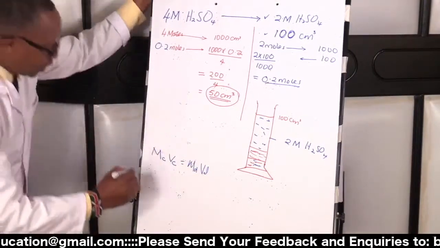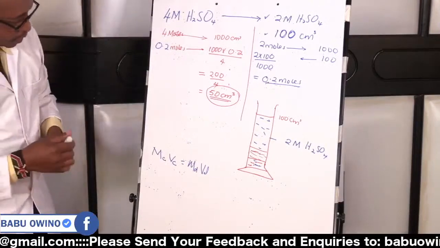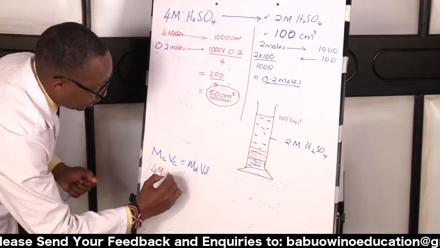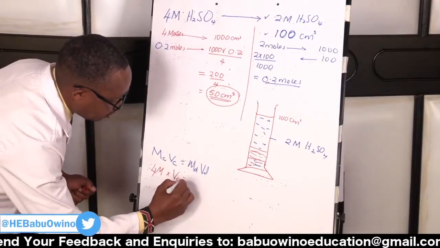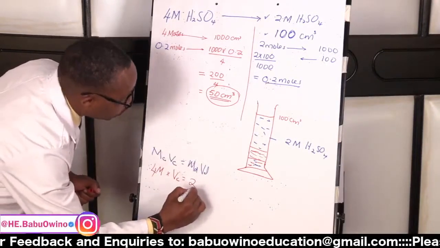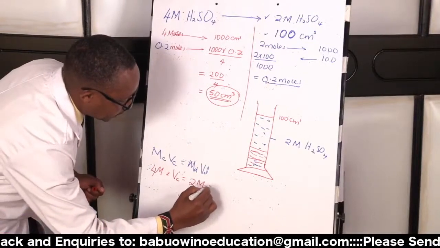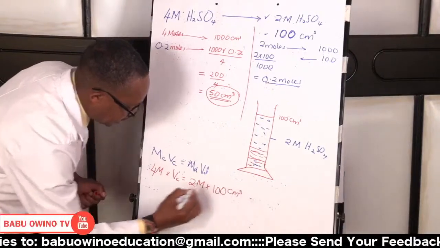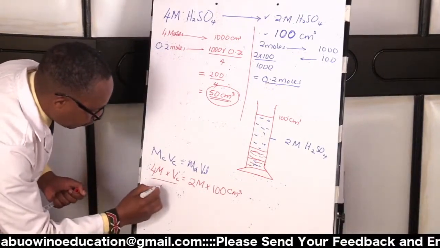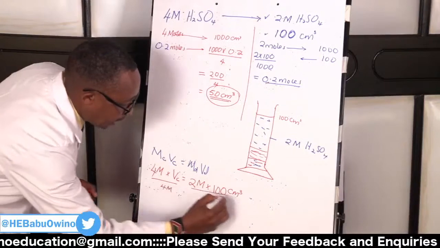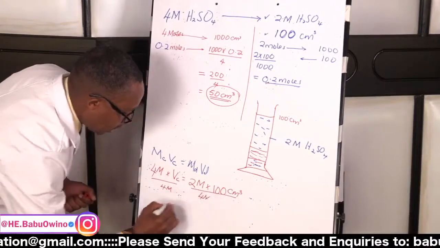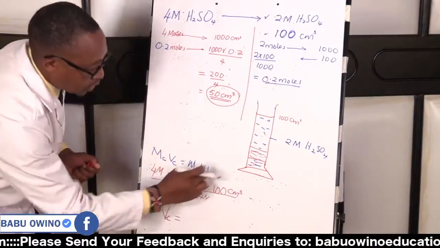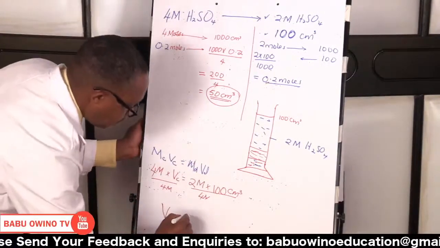So this is 4 molar times VC, which we don't have, should give me 2 molar times 100 centimeters cubed. Now, if I divide here by 4 and here by 4, VC should be equal to 50 centimeters cubed.